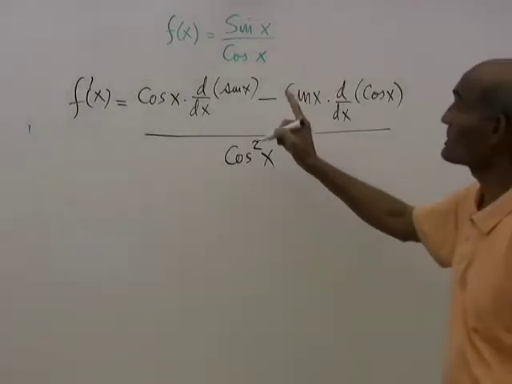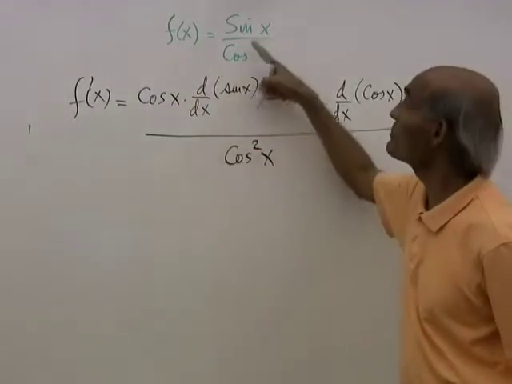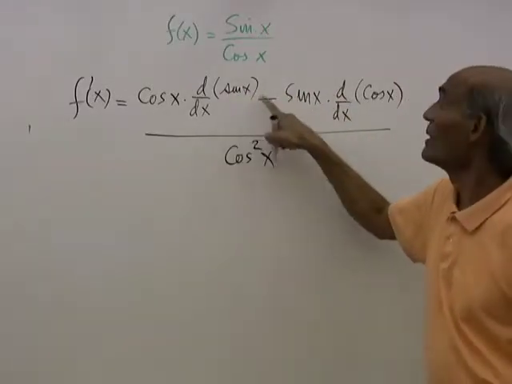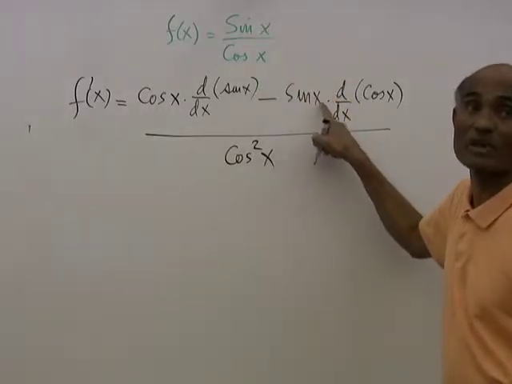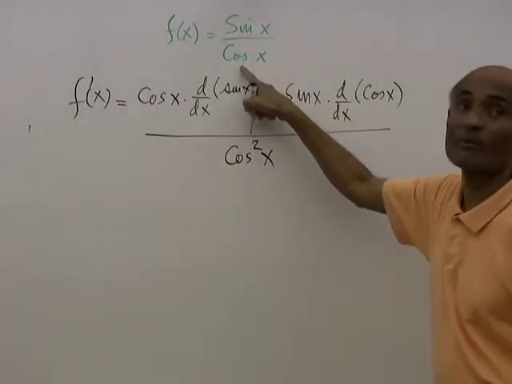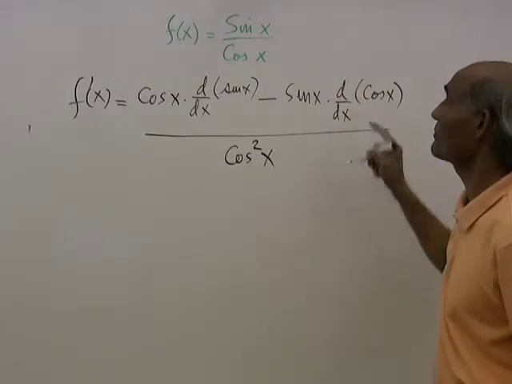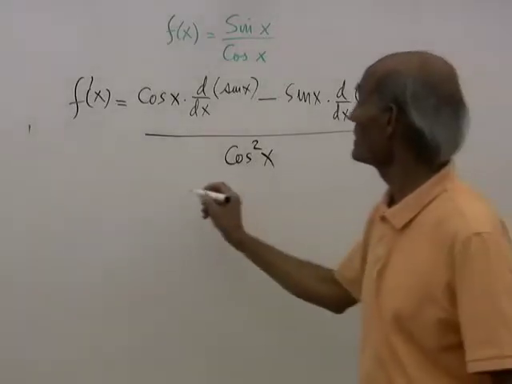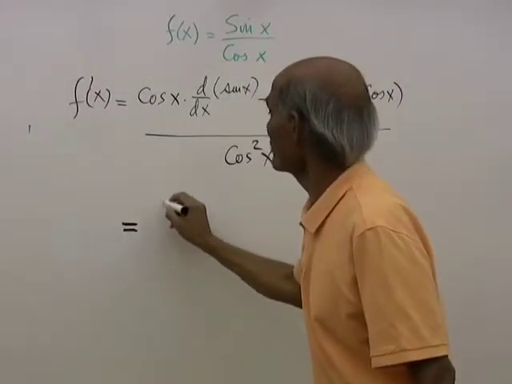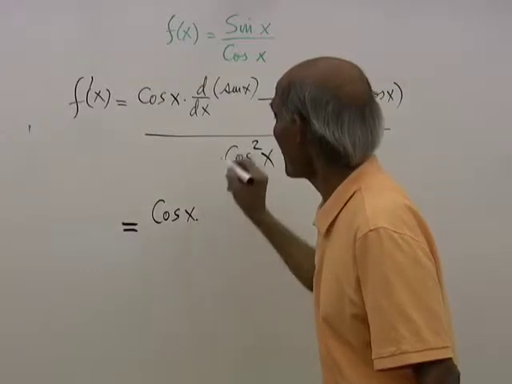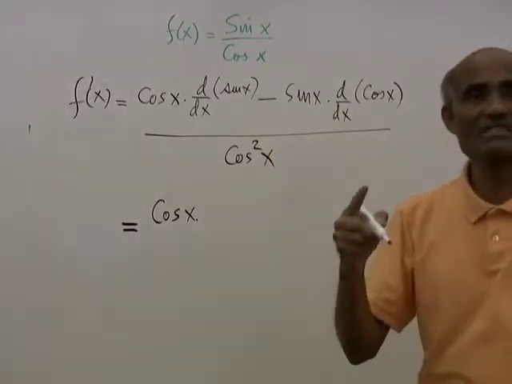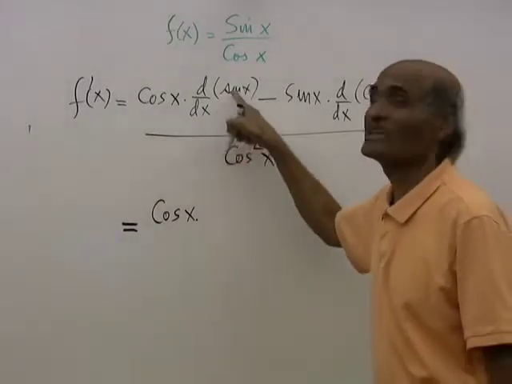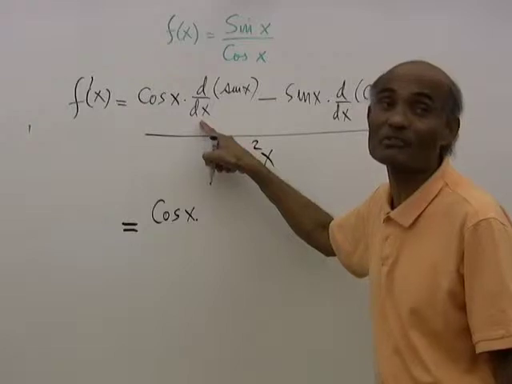Alright, so look at that one more time. Denominator times the derivative of the numerator, d by dx of sine x, minus numerator times the derivative of the denominator, d by dx of cos x, all over the square of the denominator. Okay, that will be cos x times, what is the derivative of sine x with respect to x?